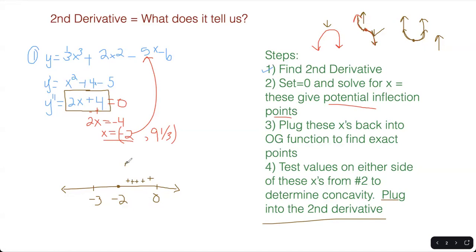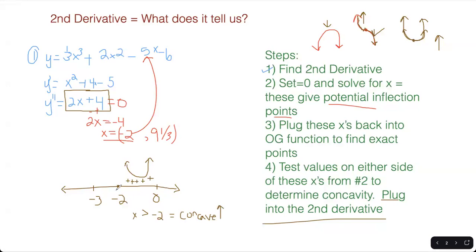So from -2 beyond, what you would write is: when x is greater than -2, it is concave up. That's what you would write as your answer, because they're going to ask you to test the concavity.